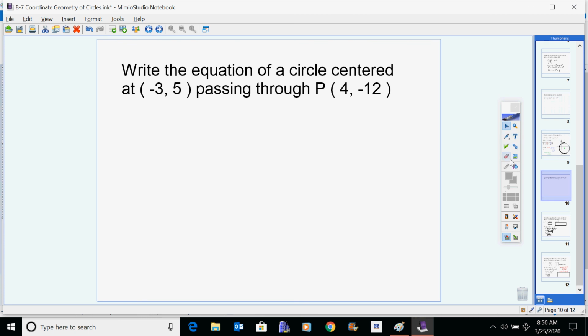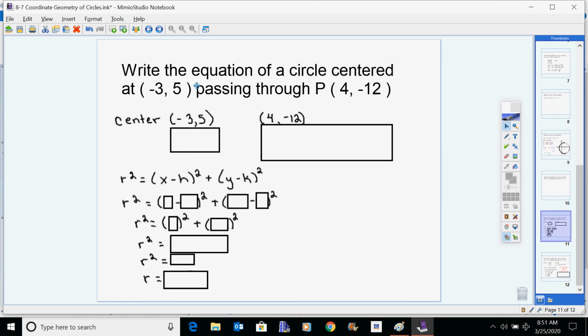But we're going to use the same idea when we write an equation passing through the circle and find a missing piece. So we still need to be thinking about it having a center, and you can use this equation right here. The thing we're missing on this one is a radius.